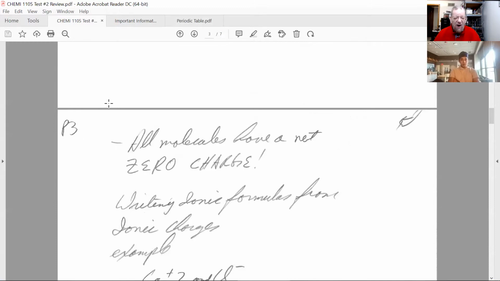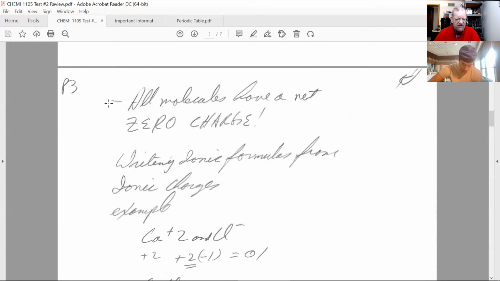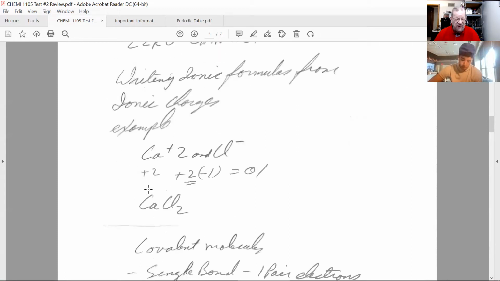And remember, all molecules have a net zero charge. So if I asked you to write the ionic formula from ionic charges, what would be the simplest, or I could also say empirical formula with a molecule containing calcium +2 and chloride -1? Well, this is a +2, this is a -1, and that line should be over here.